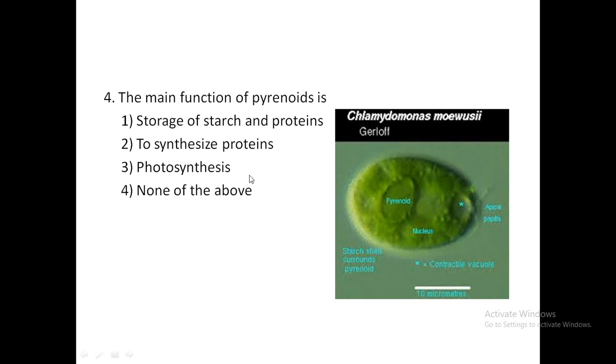Protein synthesis occurs in ribosomes, you all know that. Photosynthesis is done by chloroplast. So proteins synthesized in ribosomes and starch synthesized during photosynthesis are stored in bodies called pyrenoids. The number of pyrenoids in an alga may vary from species to species.